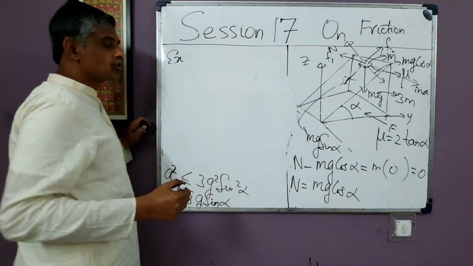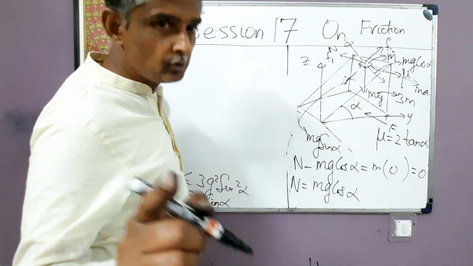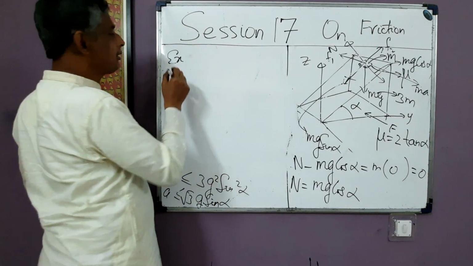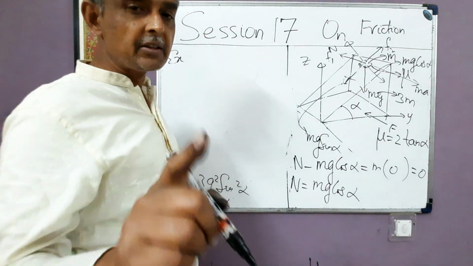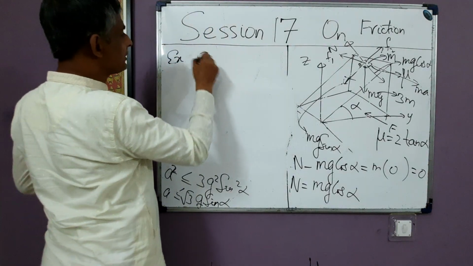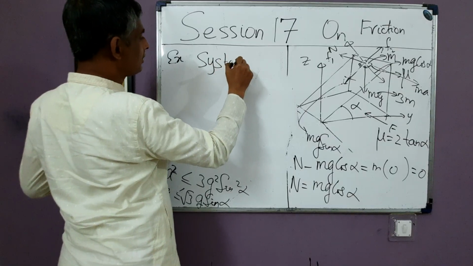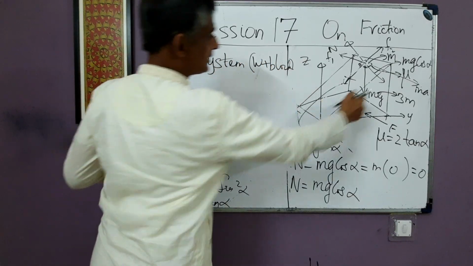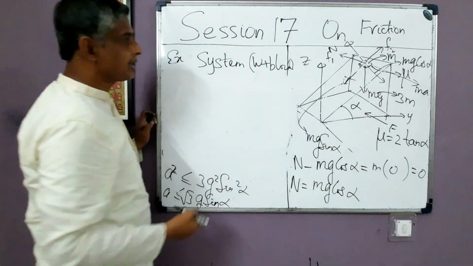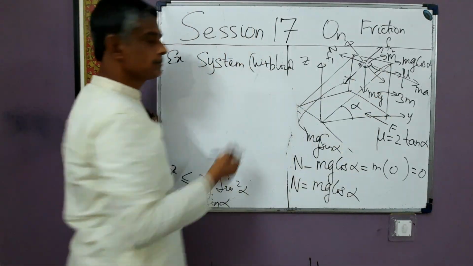Now in the combined equation of motion, we have to state several things first of all. When we are writing the combined equation, we have to specify the system. So our system is this: wedge plus block. Wedge meaning this triangular block of mass 3m, and block of mass m. This is the system.